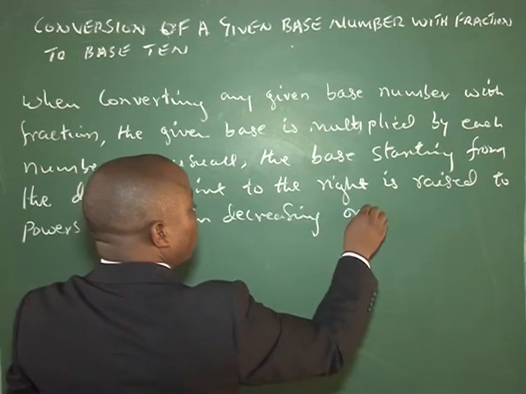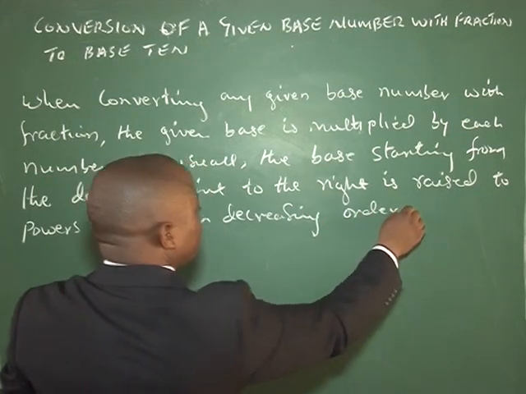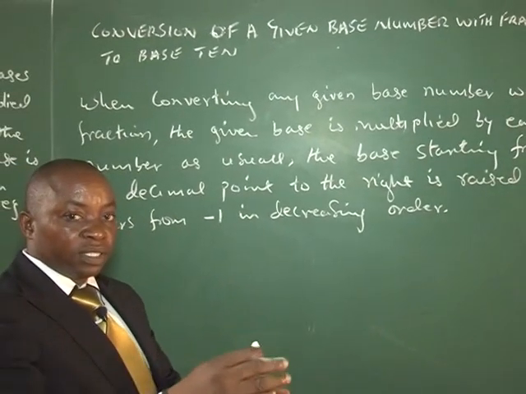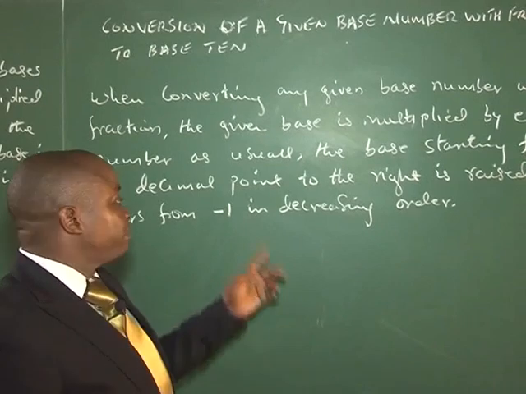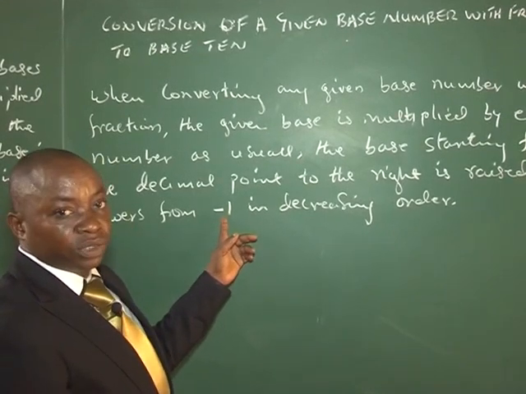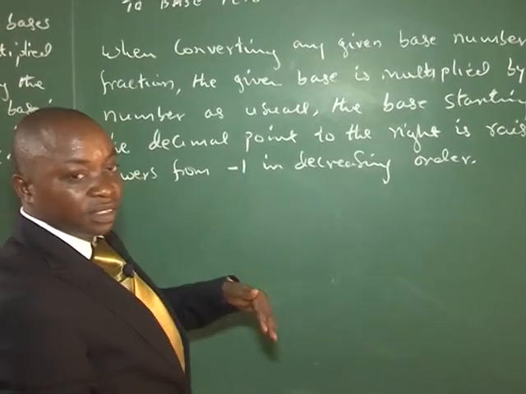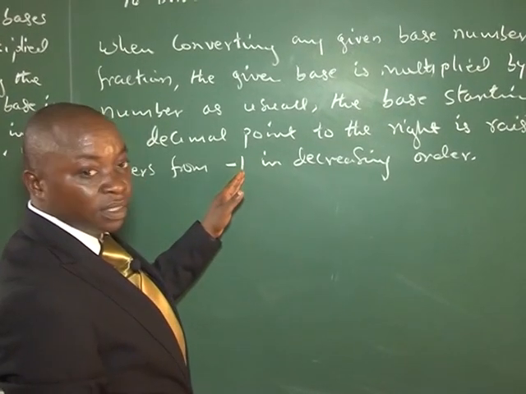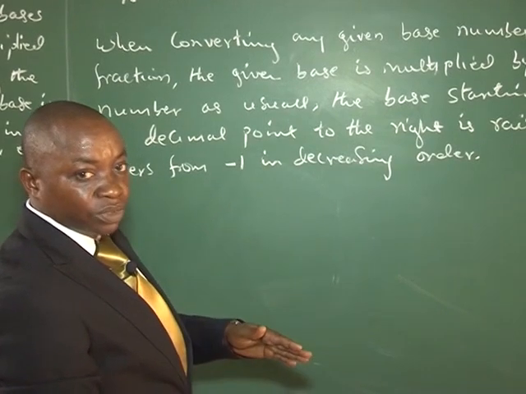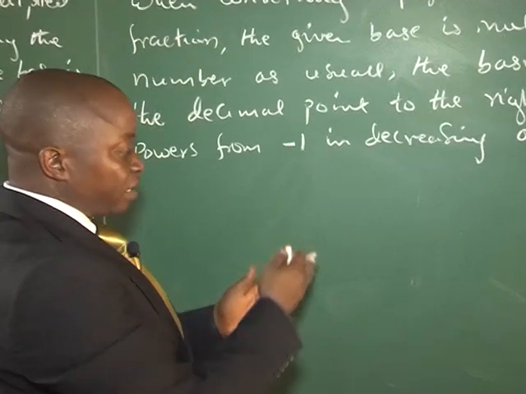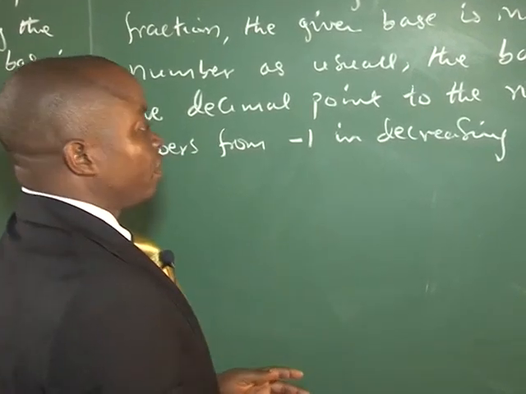What we mean is -1, -2, -3, that way. Of course, we know that -1 is greater than -2, and -2 is greater than -3. So it means that this is decreasing when we start from -1, and next -2, -3 in decreasing order. That is, I'm talking from the decimal point.